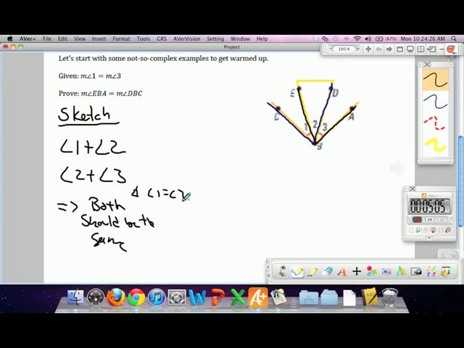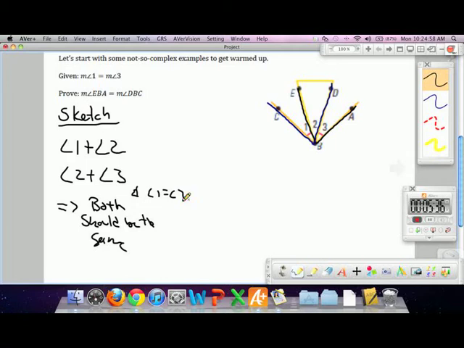Knowing that 1 and 3 are the same, what's something you could do to show that these two expressions have to be equal to each other? Substitution. You could substitute one of these two angles for the other in the expression, and you end up with equal expressions. That would be our plan of attack here.